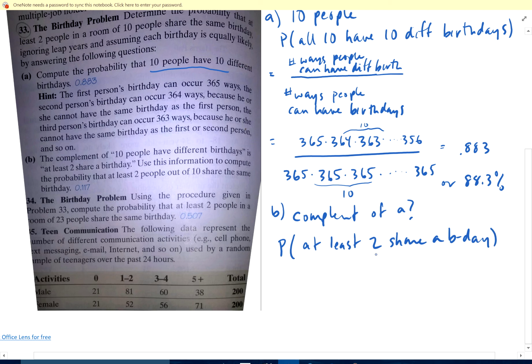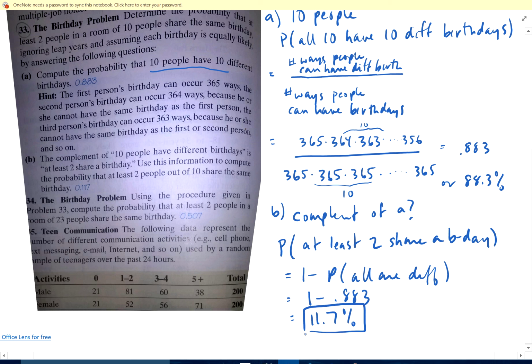And what is the probability of at least 2 sharing a birthday? 1 minus the probability that all are different, which is 1 minus 0.883, which is 11.7%, which is actually a pretty big percent. So if you have a group of 10 people, there's an 11.7% chance of sharing a birthday. All right, there's the birthday problem.